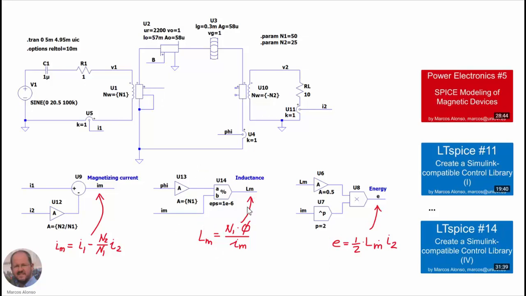So we use this expression here and these elements to calculate this inductance. And also we are calculating the energy stored in the magnetizing inductance, implemented like this. Remember that all these components are from our Simulink compatible control library.